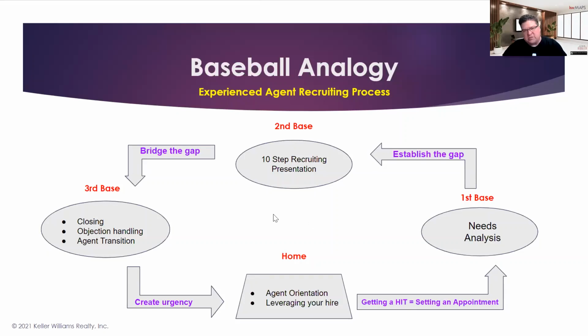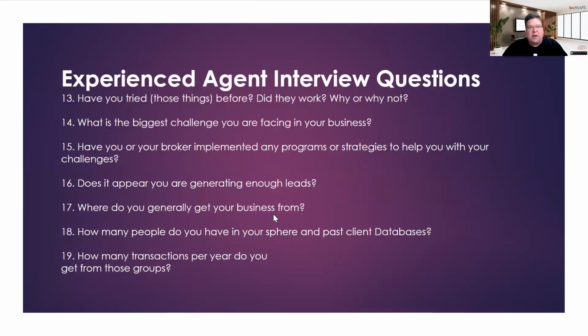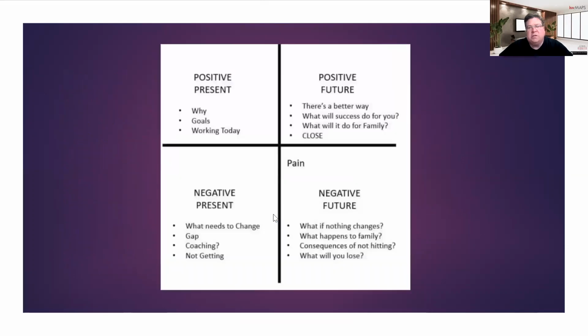On the previous slide, what I wanted to go into is the 4 quadrants. A lot of you have seen this. In the needs analysis conversation, you want to take people from positive present to negative present to positive future to negative future in your conversation.